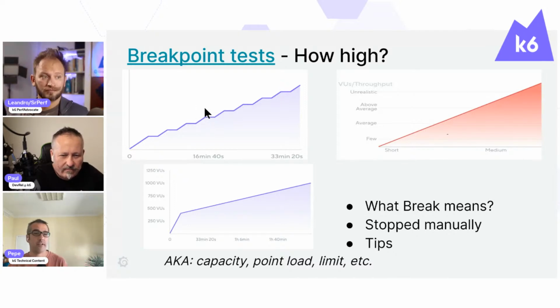So you could identify easily when it starts to break. Little by little, what do you prefer, a ramp or a stair step? Both are valid. They count as breakpoint tests or capacity or limit, whatever you want to name them, so that you identify the limit and when the system is starting to misbehave.